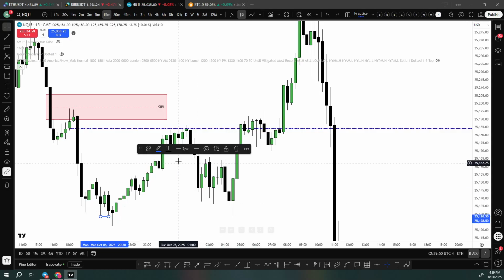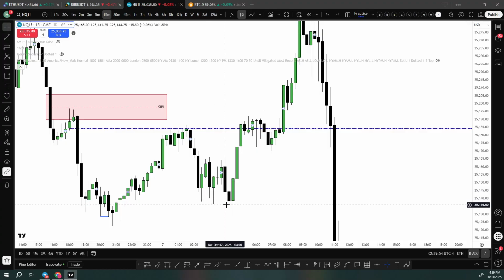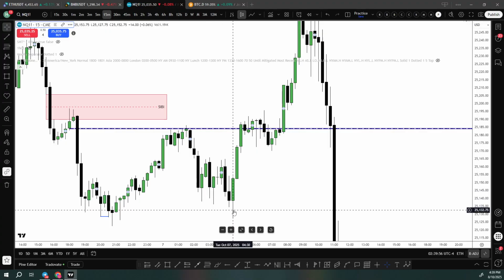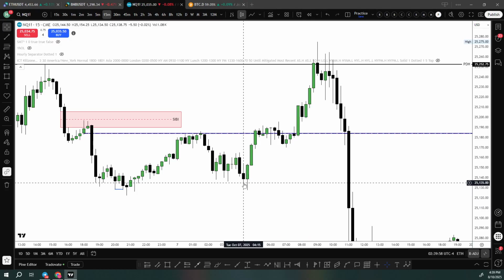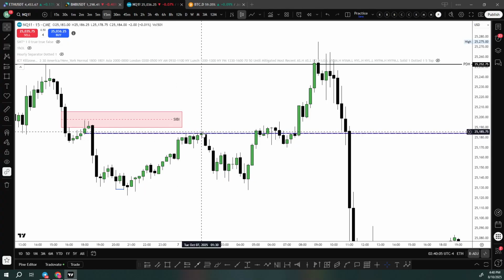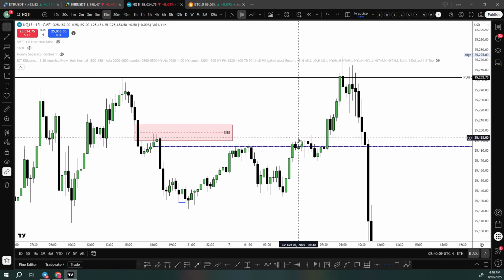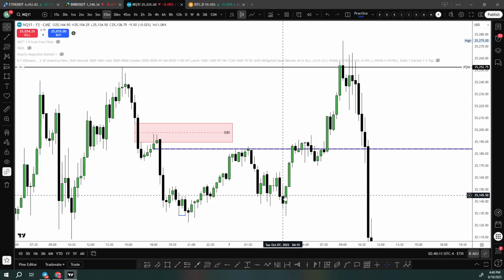Came back down again in London, making a low at 4:30 and expanding upwards, sweeping out the buy side from 1:30 and continuing on to sweep yesterday's high.